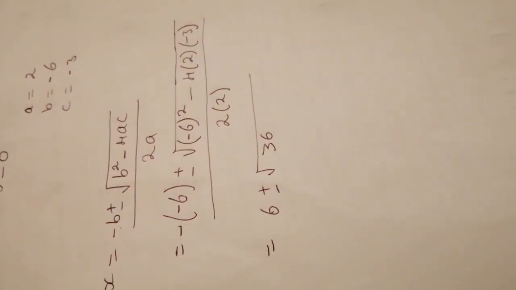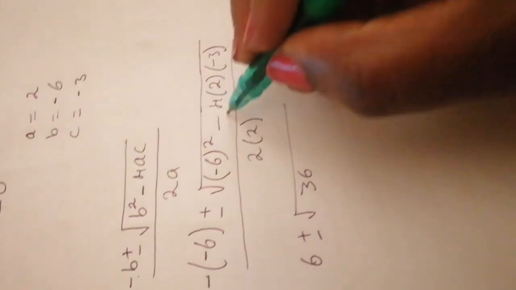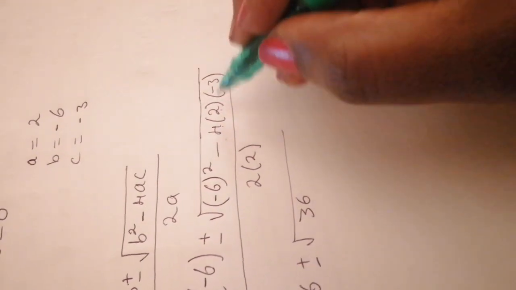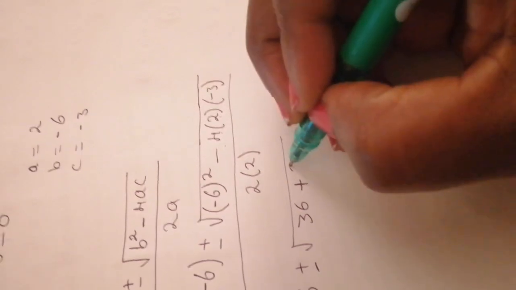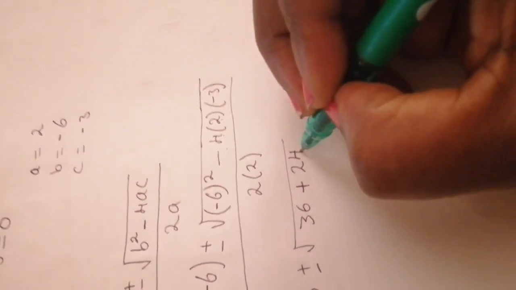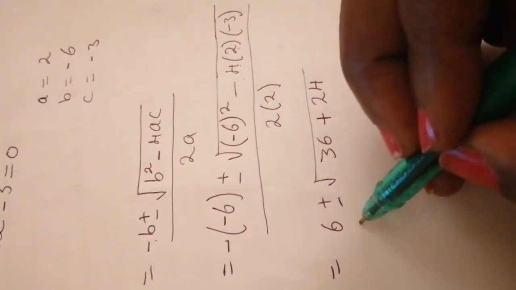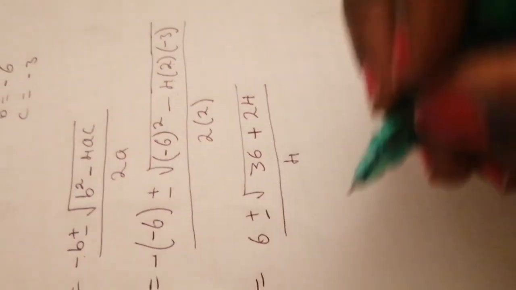So it will be negative 6 times negative 6, giving us positive 36. Then negative 4 times 2 is negative 8. Negative 8 times negative 3 will give us positive 24. Then over 2 times 2, which is 4.